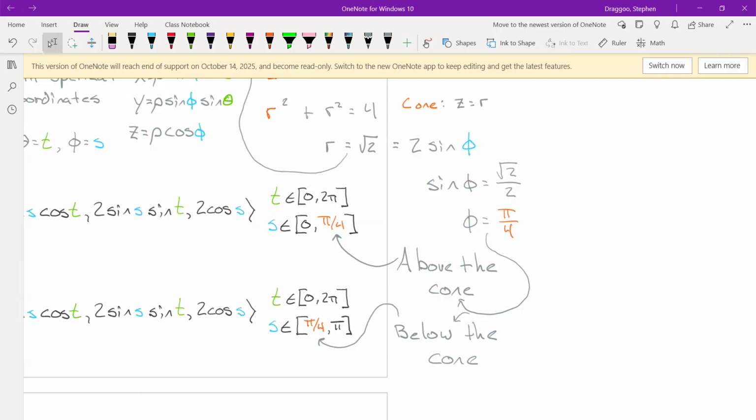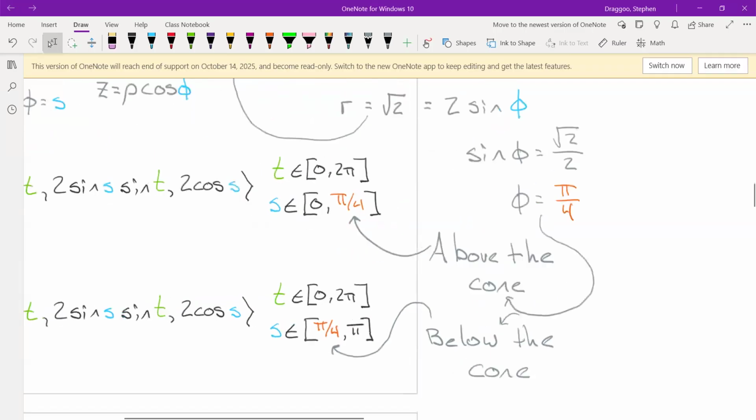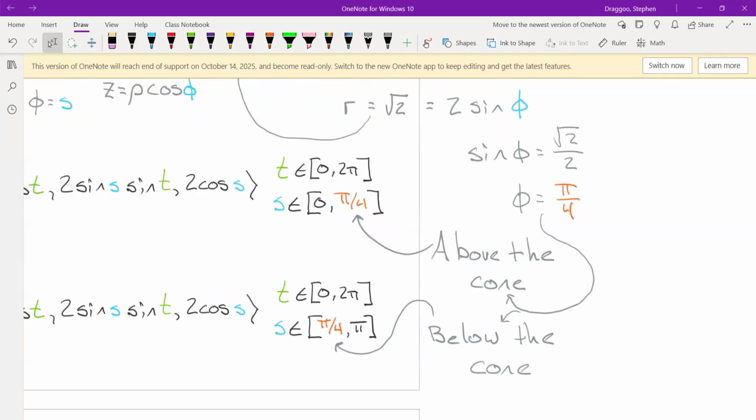But I'm going to use s as that phi-like stand-in. So I found that the cone and the sphere intersect at an angle of pi over 4. And then I need my two parameterizations to first get the part of the sphere that is above the cone, and second, get the part of the sphere that is below the cone.